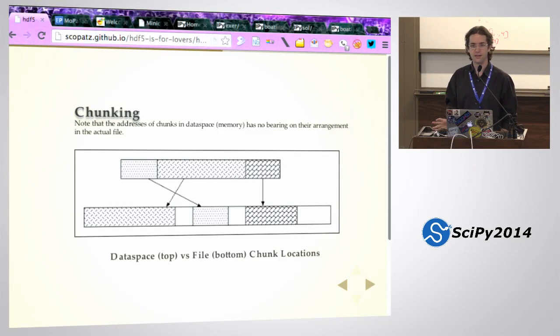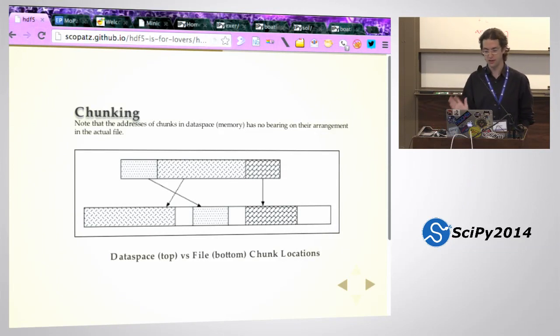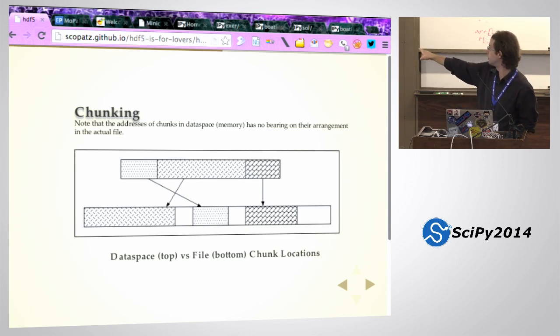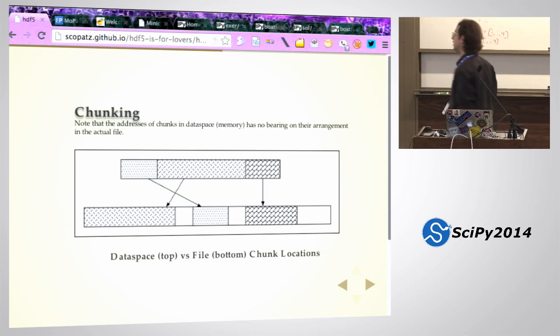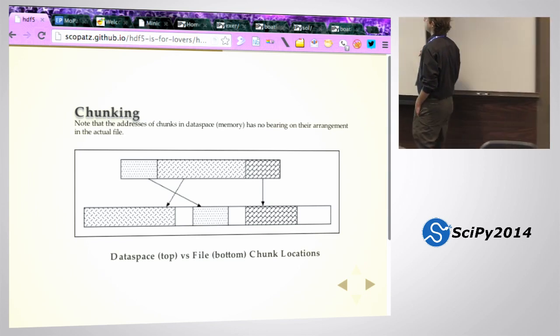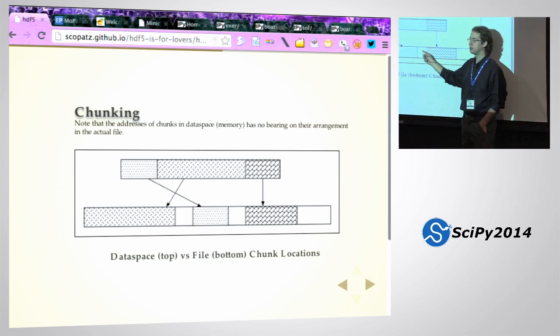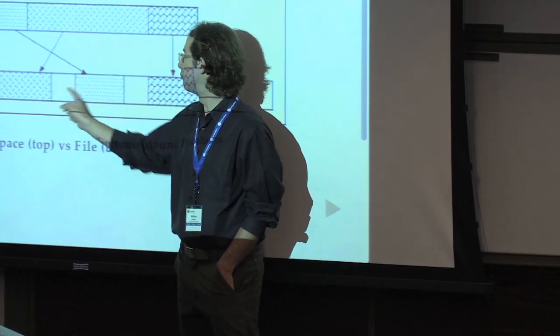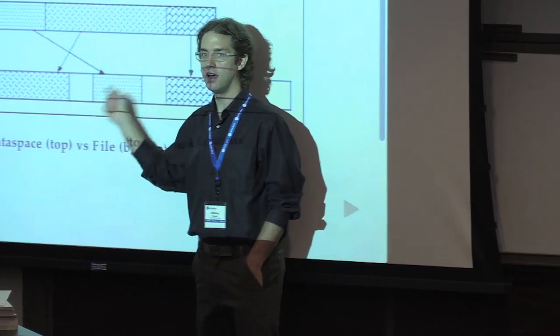All right, so note that the chunks themselves can be stored anywhere in the file. I've mentioned this a couple times. Then this B tree that HDF5 implements under the covers handles the mapping to and from what's in the file system on the bottom to what's in memory on the top. And note that they're based on HDF5's prediction mechanisms for chunks. There might be buffer space in between your actual data set.